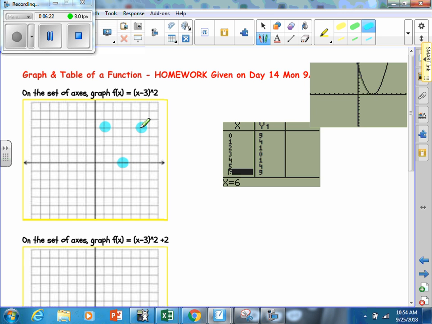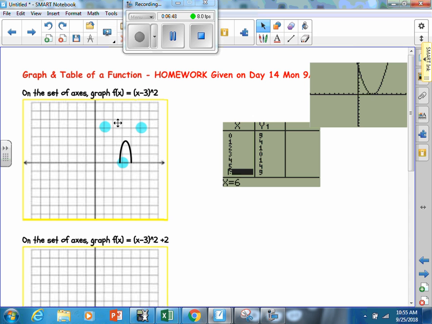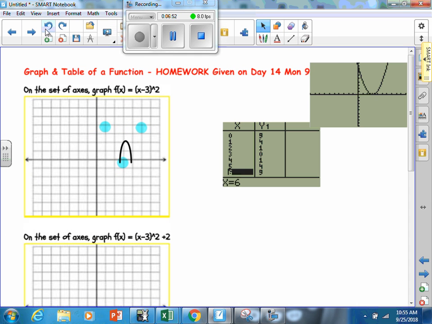Now, be careful here. We can't use a straight line because these are curves. So I have to actually find my tool for making curves. Oh, okay, there's a curve. It's just going the wrong direction. Let's see if I can undo that. That's probably not what I wanted to do.